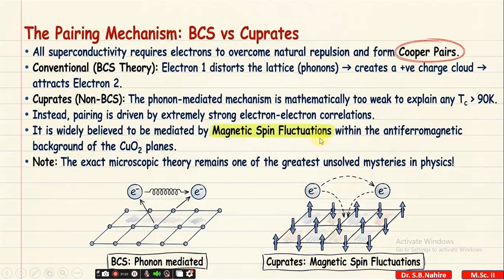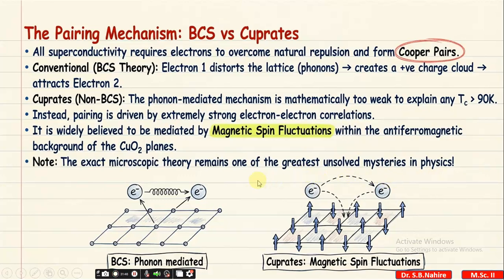These occur in the anti-magnetic background of the CuO2 planes. So, instead of lattice vibrations, magnetic interactions help electrons to pair. Now, very important note. The exact microscopic theory of high-temperature superconductivity is still not completely understood. It remains one of the biggest unsolved problems in physics.